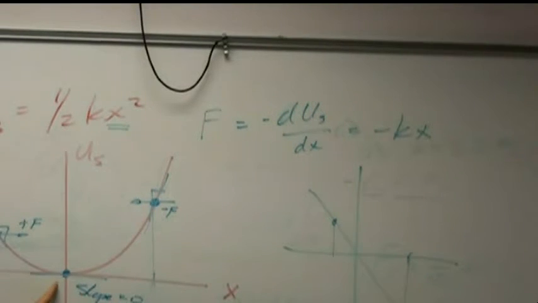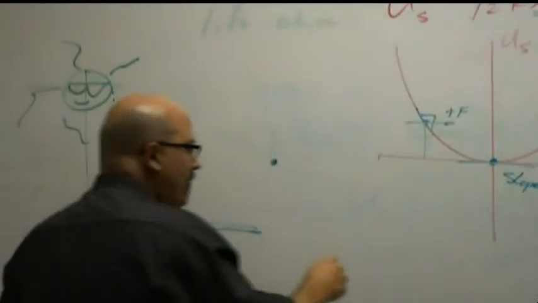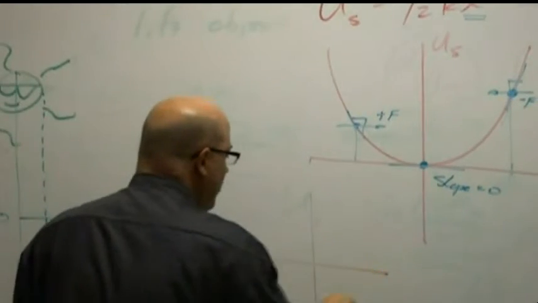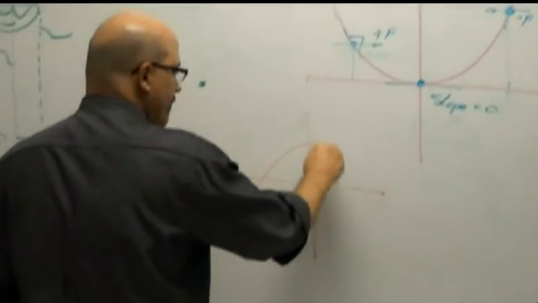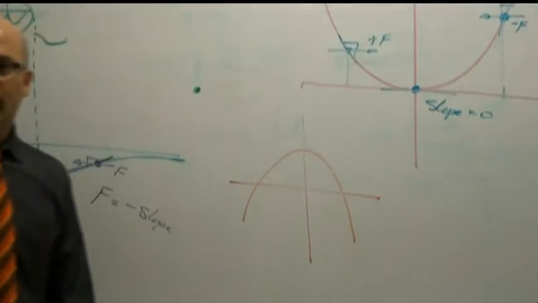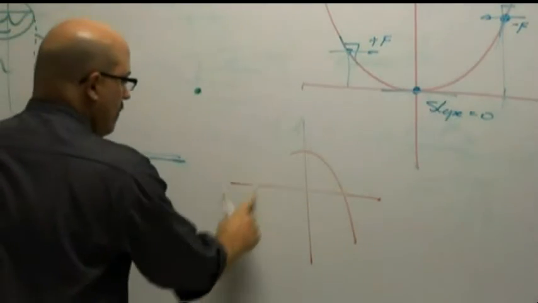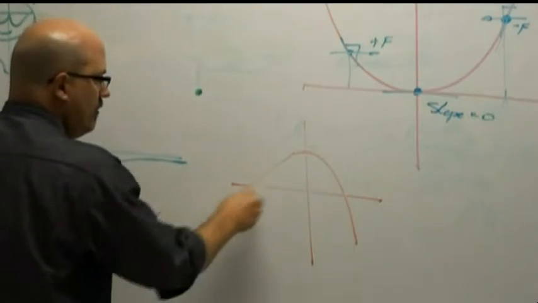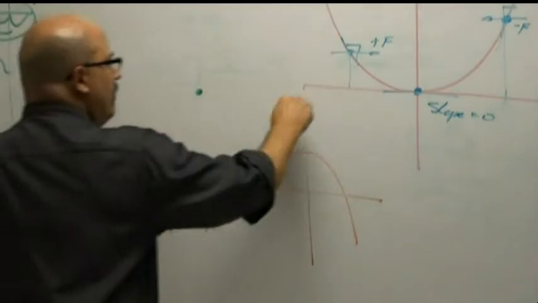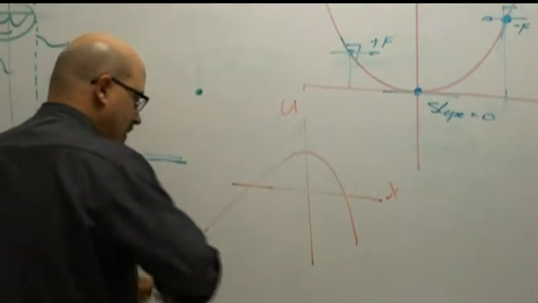You see this? An equilibrium position. See over here? No equilibrium positions. Now, what if I had a potential energy function that looked like this? Here's my potential energy function with x.